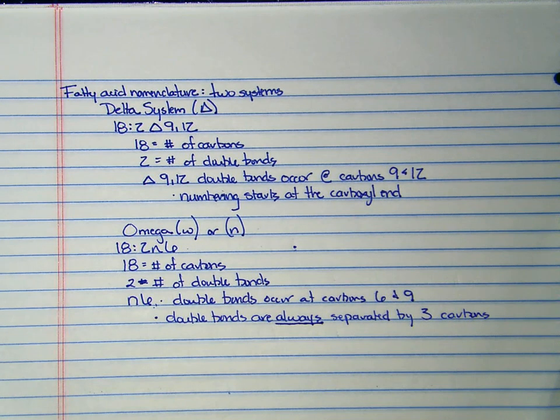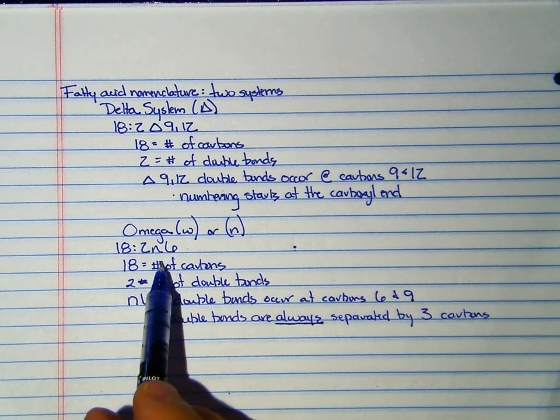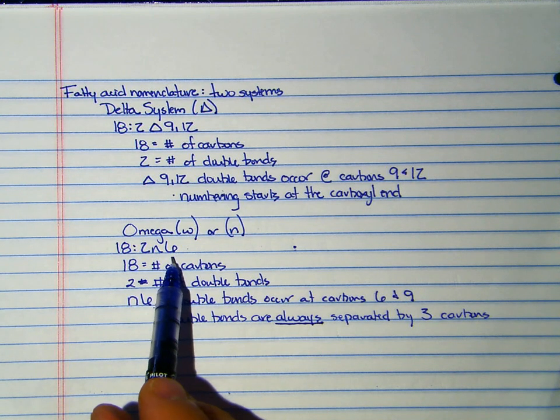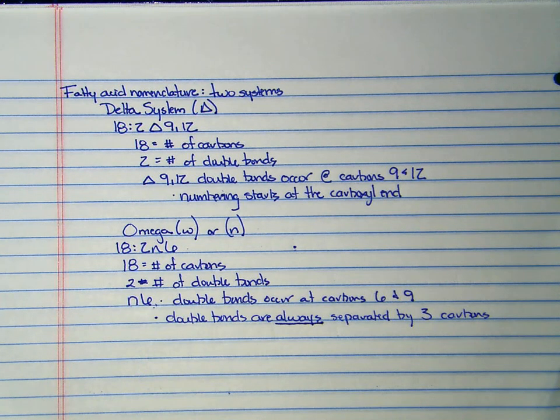So when you have 18:2 omega 6, you know the second double bond occurs at carbon 9 because it's separated by 3 carbons, so just add 3 to it. If we had 3 double bonds, they'd be 6, 9, and 12.